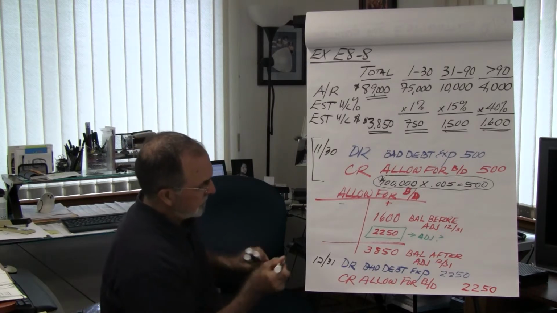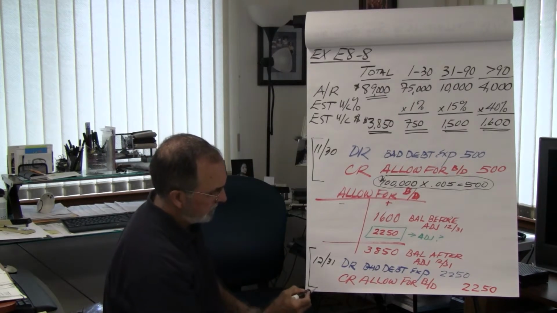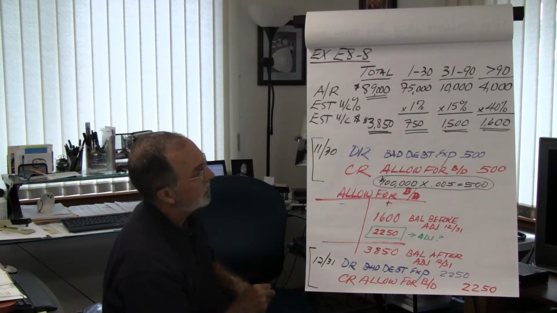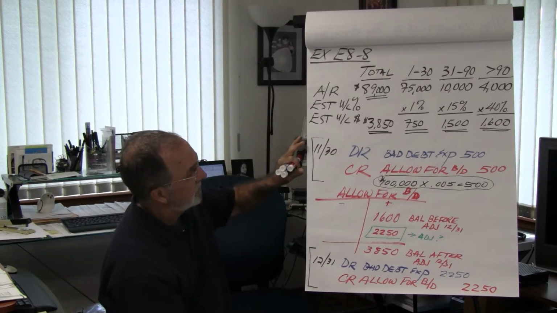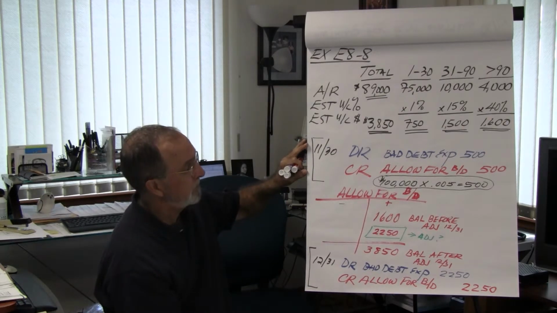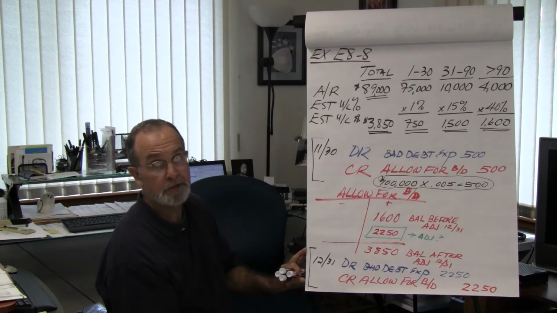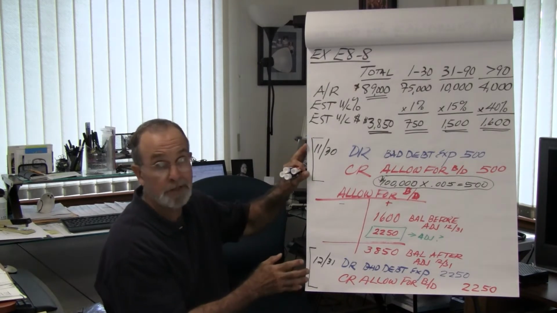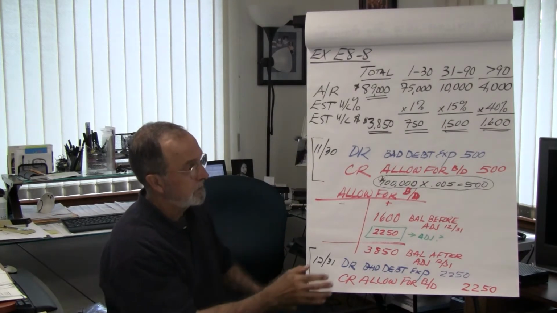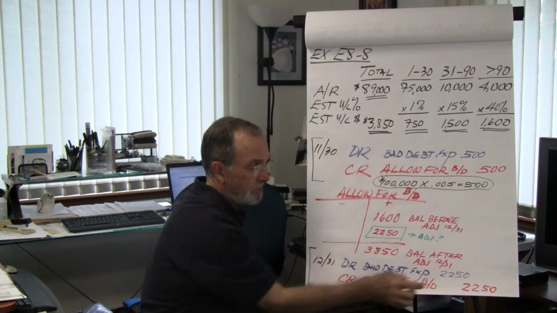So I hope you can see that in this example, the entry we make using the percentage of credit sales method and the aging of accounts receivable method is the same in terms of the debit account and the credit account. The amounts, of course, are different.